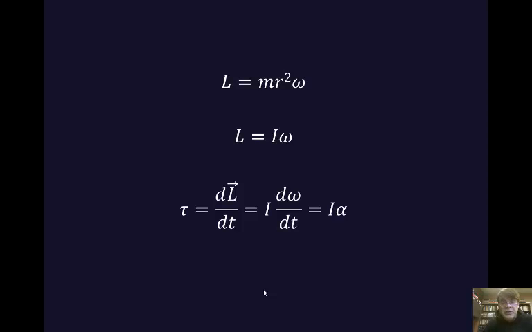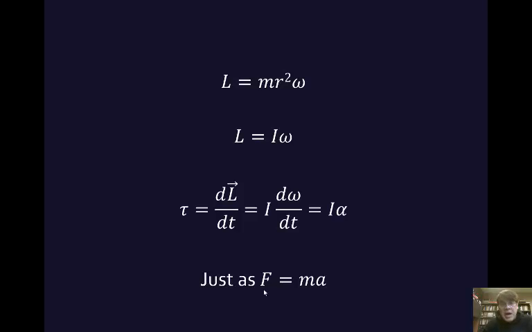And so I'm left with torque equals I times alpha, which should look very similar to Newton's second law, which is force equals ma. So torque equals I alpha, where the moment of inertia I is analogous to the mass.